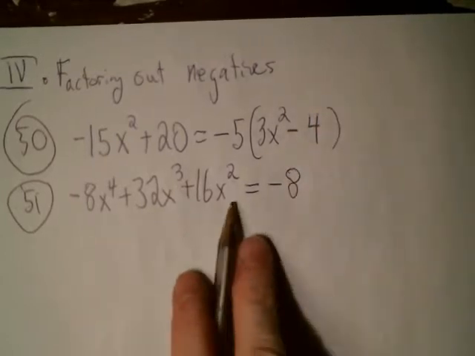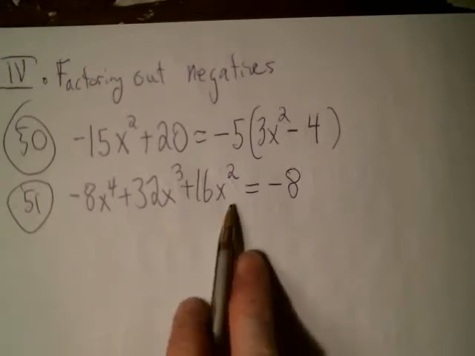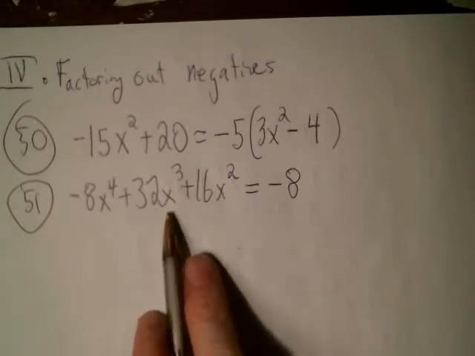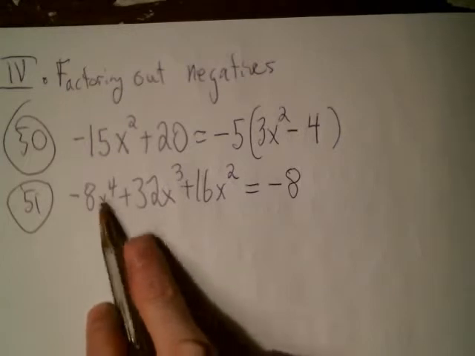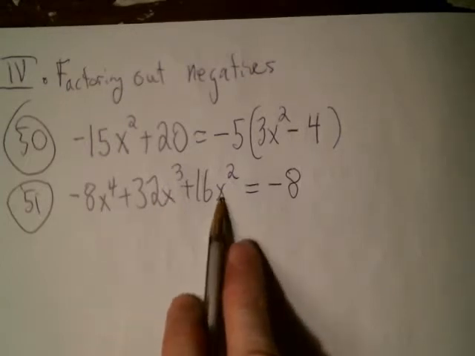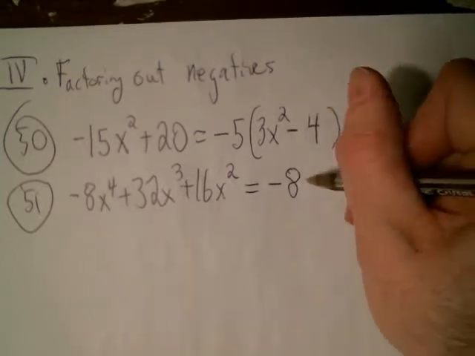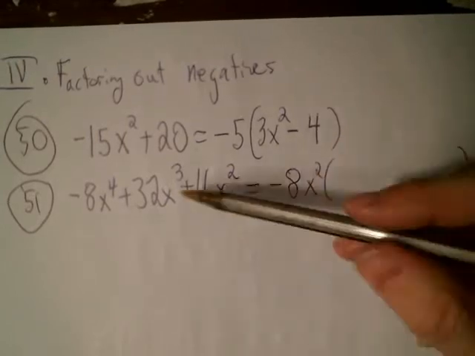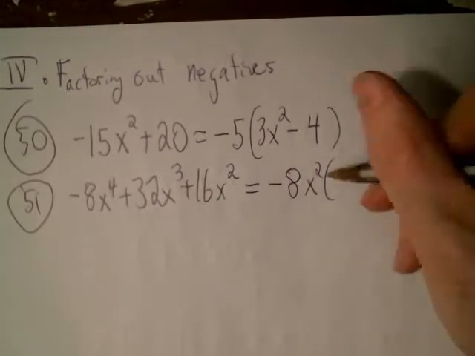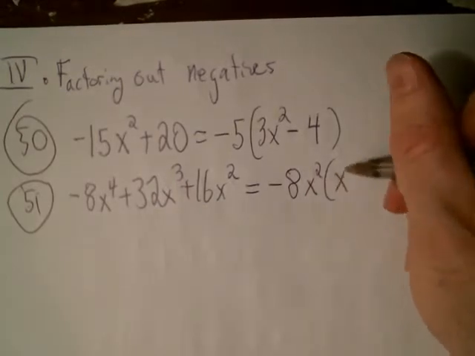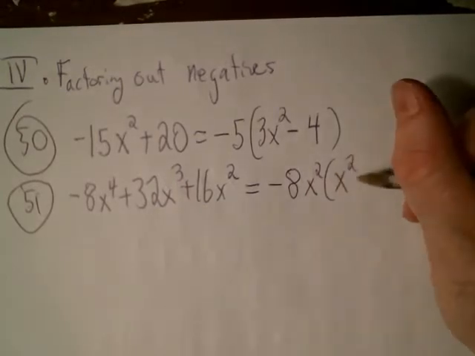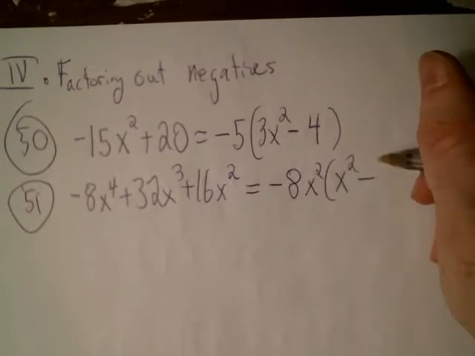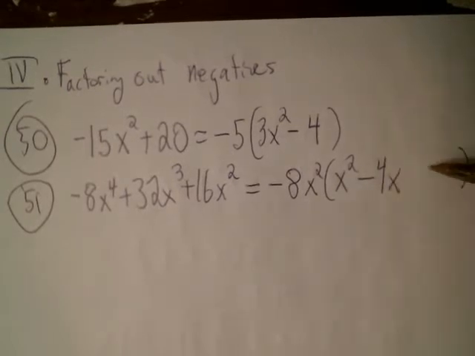And then each one has at least x squared in it. They at least have 2 factors of x. This has 4 factors, this has 3. So I could pull x squared out of all of them, and then it's fill in the blank. You just have to be careful, change the signs. So x squared, and then instead of plus, it's minus now. And you got 4x, and instead of plus, it's minus now, 2.